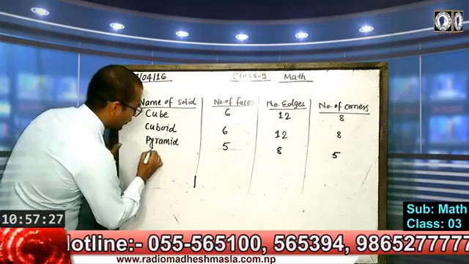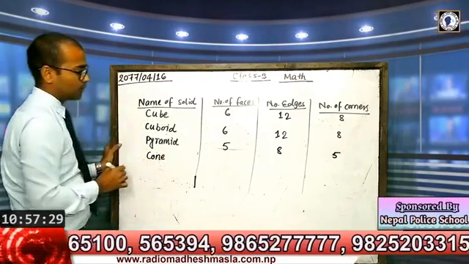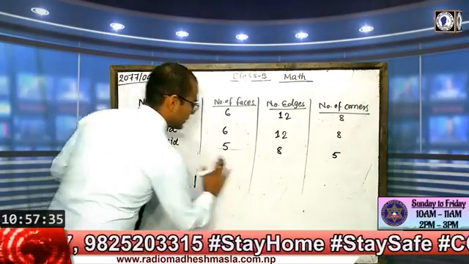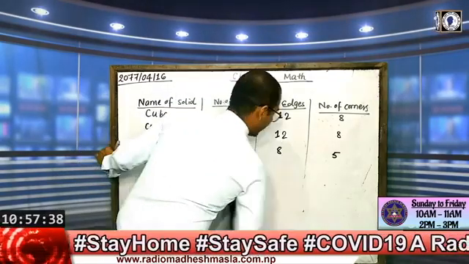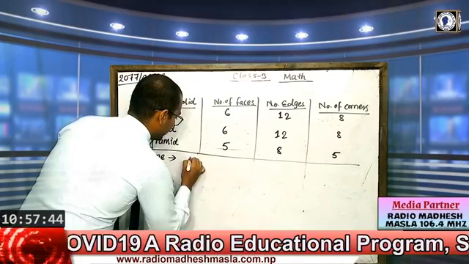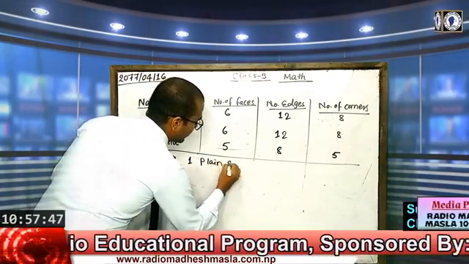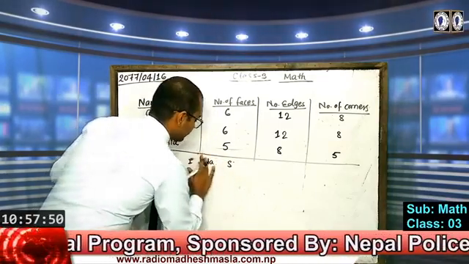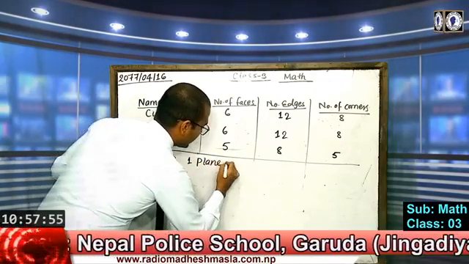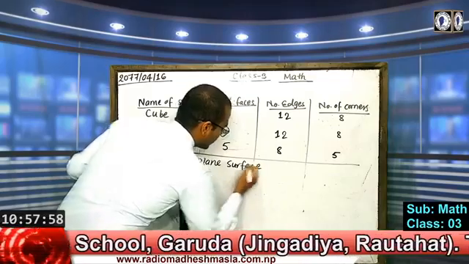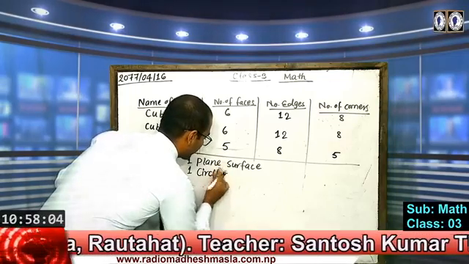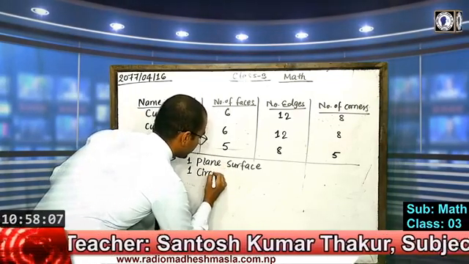If we talk about a cone, in a cone we can get one plane surface and one circular surface.